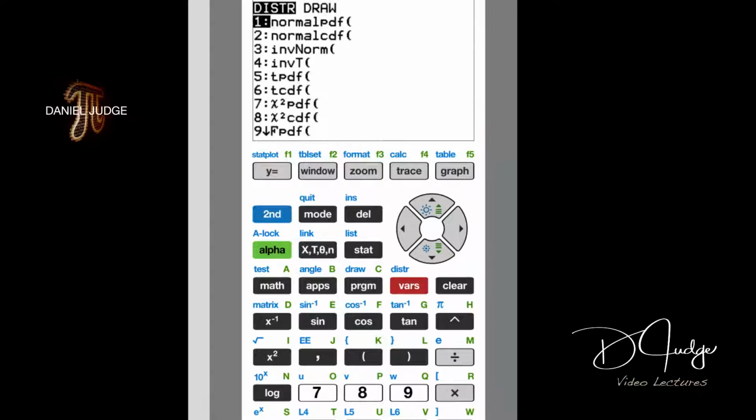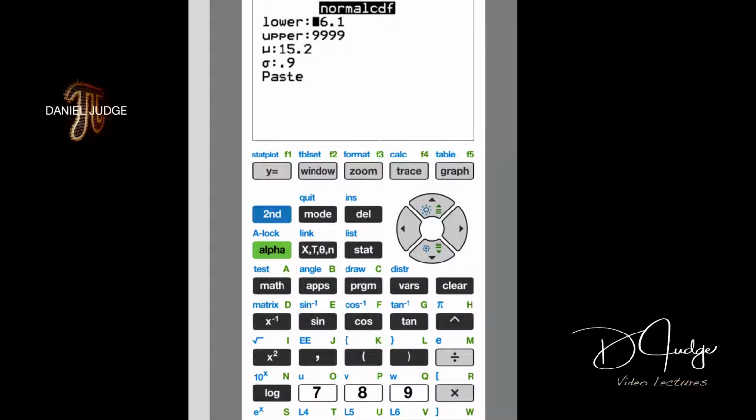Second distribution, normal CDF. The lower value is 19.7, and the upper value is 25.3. What's the mean? 22. What's the standard deviation? 2.4. Paste.